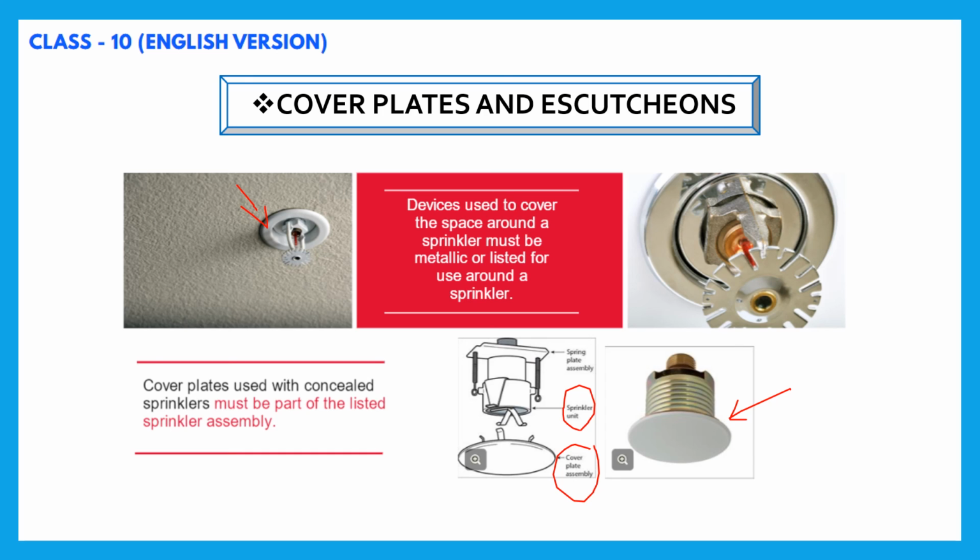Please note that these escutcheon plates and the cover plates must be part of the listed sprinkler assembly. As per NFPA 13, these devices can be used to cover the space around a sprinkler, but it must be part of the UL listed sprinkler assembly.